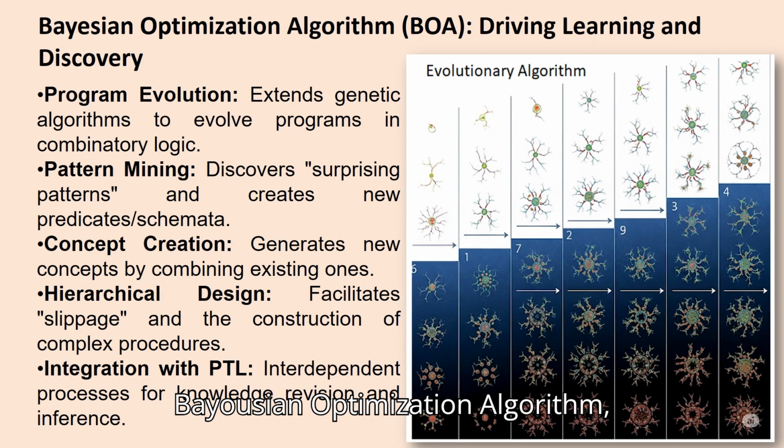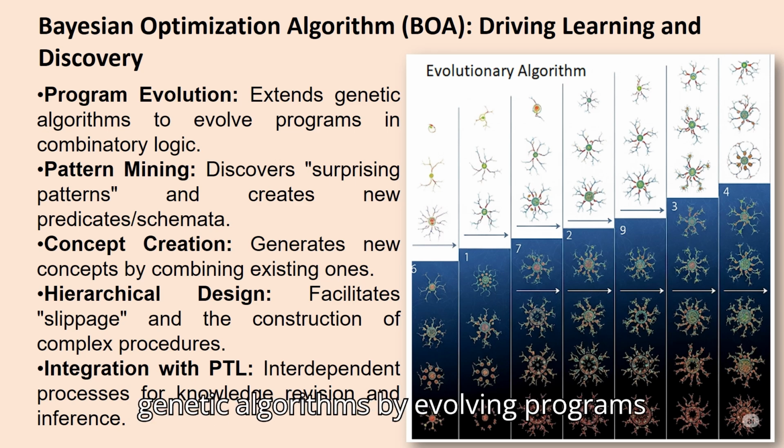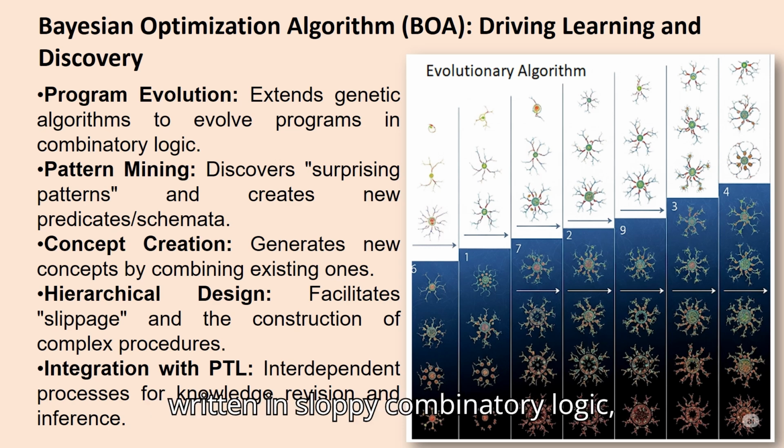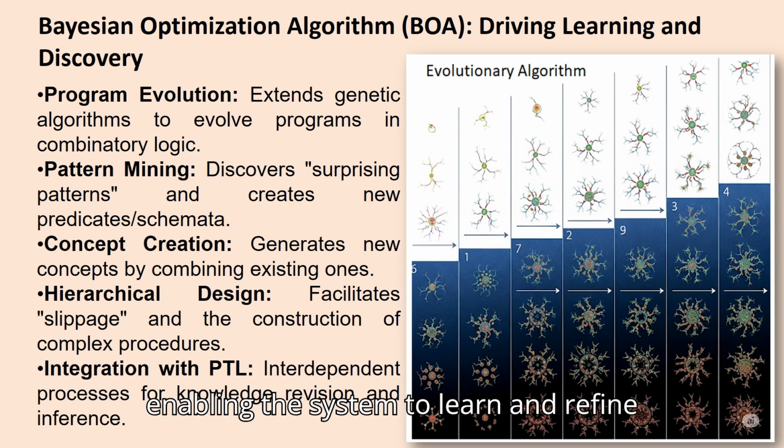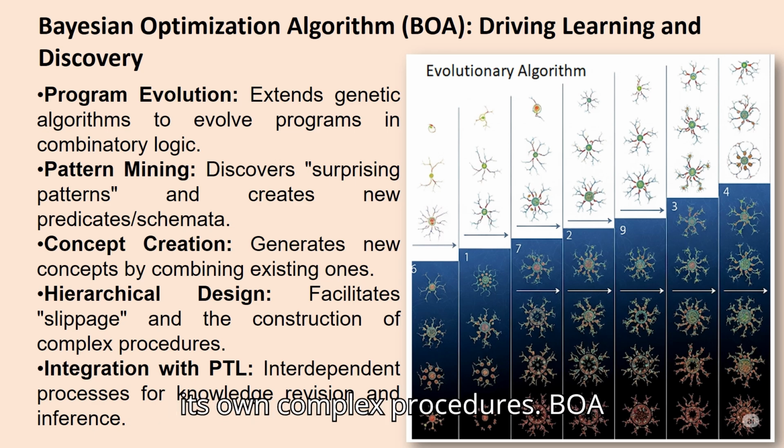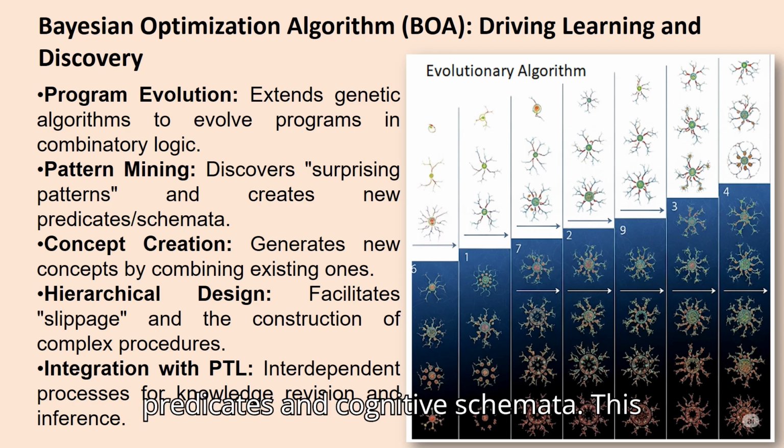The Bayesian optimization algorithm, or BOA, is a cornerstone of Novamente's learning and discovery capabilities. It extends traditional genetic algorithms by evolving programs written in sloppy combinatory logic, enabling the system to learn and refine its own complex procedures. BOA is instrumental in pattern mining, identifying novel and significant patterns within large datasets, which then leads to the creation of new predicates and cognitive schemata.